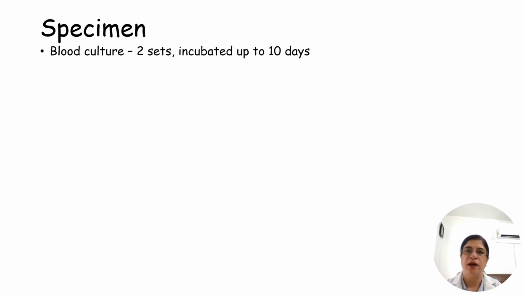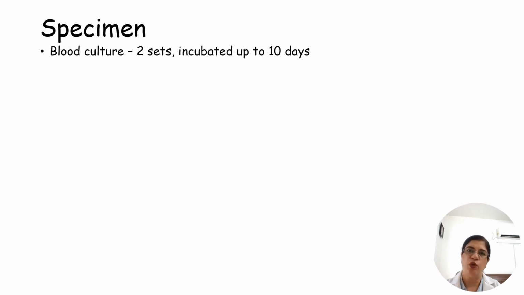There is a variety of specimens sent to the lab. Now, which specimen should be sent in which infection is very important. Blood culture is the most important sample, and ideally 2 blood culture sets should be submitted. And if special media for mycology is available, it will be all the more good.